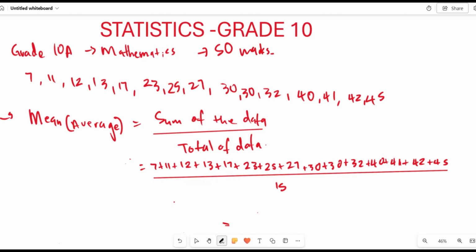Then the sum of this particular data is 365, and this is going to be divided by 15. So this is 365 divided by 15.